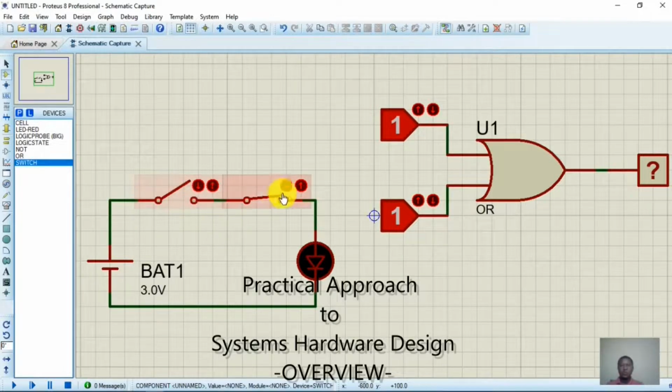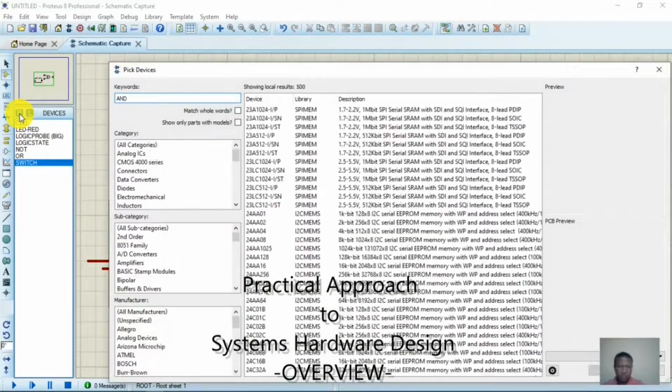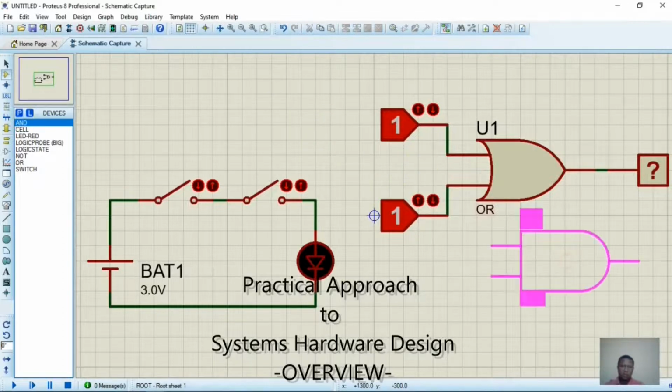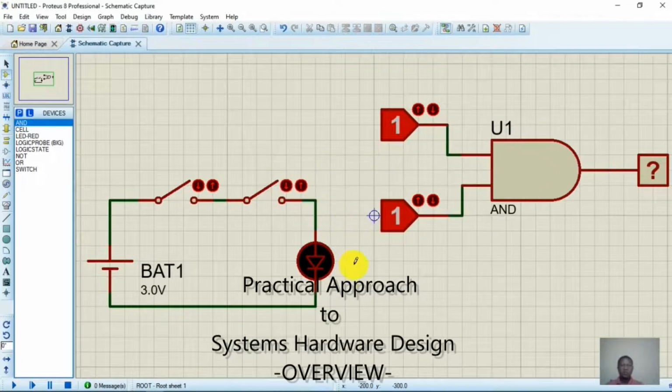So this is switch A, switch B. This is the output. So for the AND gate, let's get the AND gate symbol, the AND gate chip, and I'll just replace here. Replace. So good. Let's just run the simulation and see what we'll have.